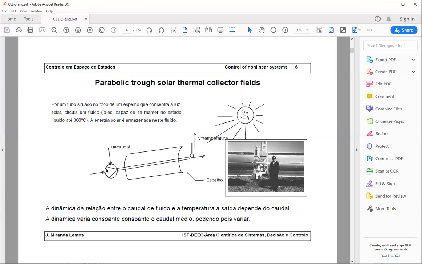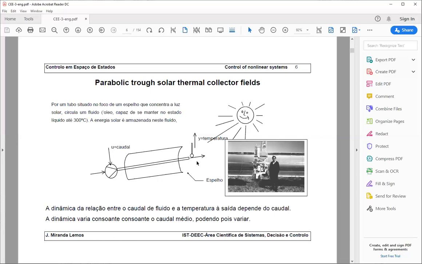And inside this pipe, there is a liquid that accumulates thermal energy, and you can manipulate the flow of the liquid by using a pump. The manipulated variable is the command of the pump. Actually, this is by itself a control system, but let's assume that you have a signal that allows you to impose the flow.